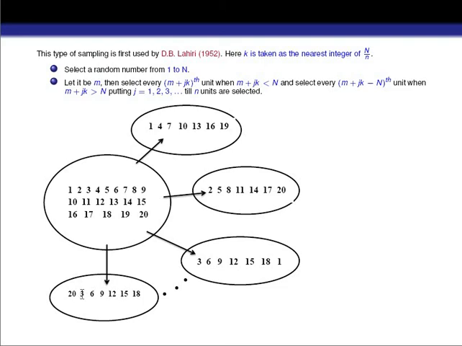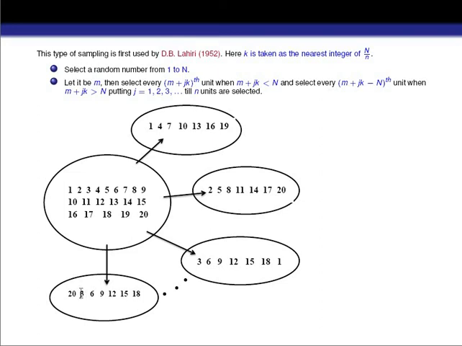Because 23 is not a possible unit for our sample, as 23 is not included in our population. That's why we have to subtract the population size from our unit, so that we can get a possible sampling unit for our sample. After subtracting 20 from 23, we get 3.